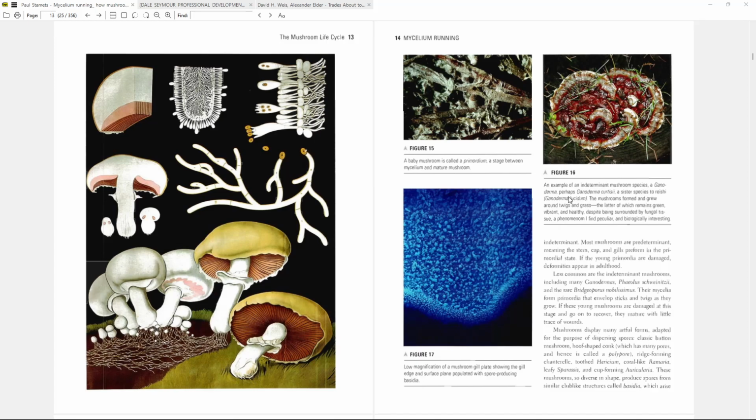Figure 16 is an example of an indeterminate mushroom species, a Ganoderma, perhaps Ganoderma curtisii, a sister species to Reishi. The mushrooms formed and grew around twigs and grass, the latter of which remains green, vibrant, and healthy despite being surrounded by fungal growth, a phenomenon I find biologically interesting.